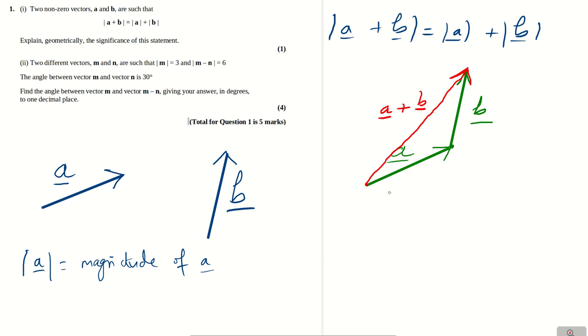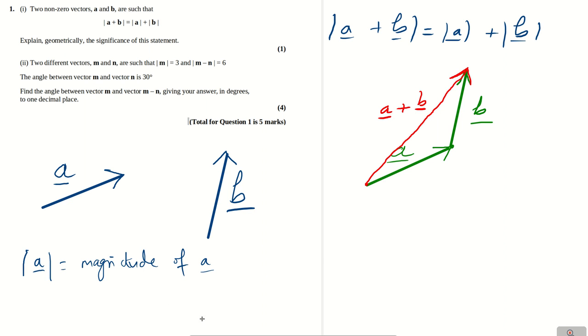Because if they're going in the same direction, then when I come to do A plus B, there won't be any angle between them. It'll just be a continuous straight line. So in general, the magnitude of A plus B is not the same as the magnitude of A plus the magnitude of B separately. The reason for them not being the same is because we need to take the direction that the lines are going in into account, which we don't have to do with normal numbers.